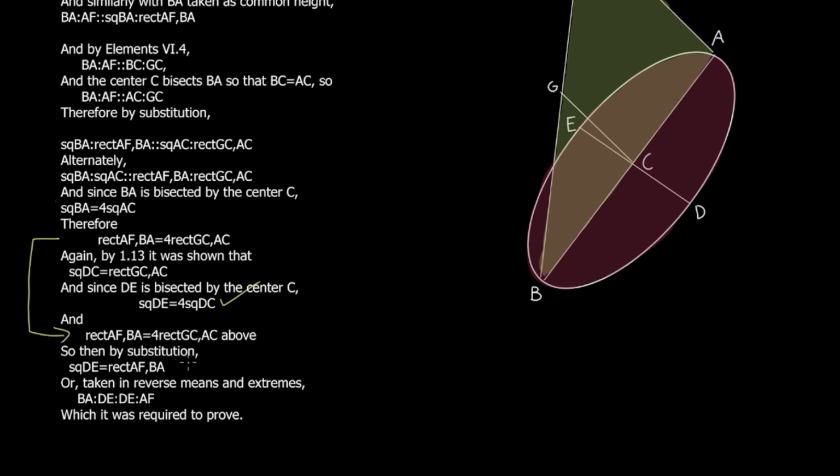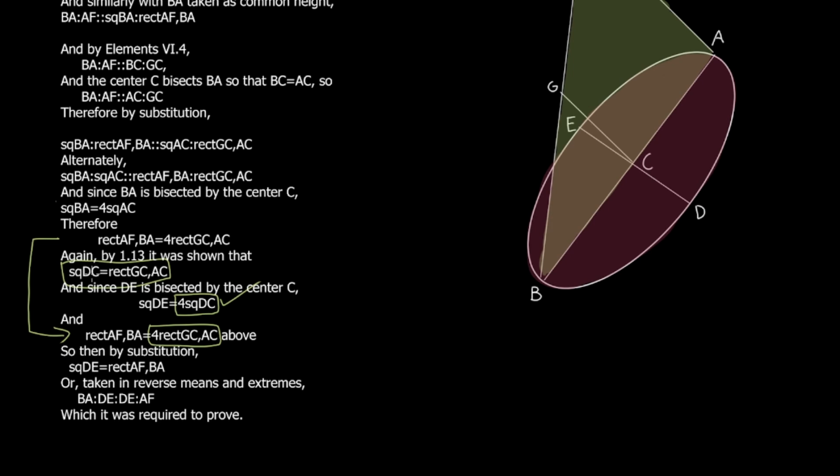I'm just rewriting that. So then by substitution, so I think we're starting with this step, which is why I wrote it out like we're starting with that step. And then we have 4 square DC is equal to the square DE. And we have 4 rectangle GCAC is equal to this rectangle. So I think that what I'm thinking is there's a missing step, much like Apollonius, right?